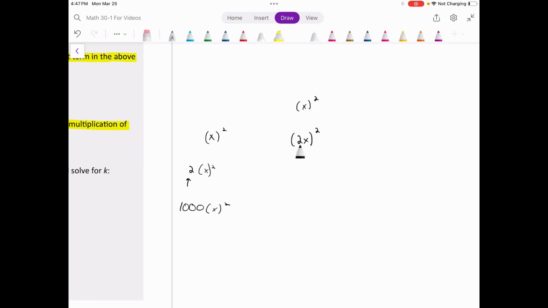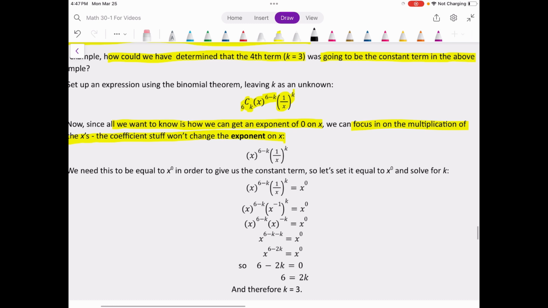Yes, we have a different coefficient here, but we still end up with the same exponent on x. This gives me x squared. Exponent on x is 2. This gives me 4x squared. So yes, it has a different coefficient, but the exponent on x is still 2. Again, even if we do 100x squared, yeah, we have a coefficient of 10,000, but what's the exponent on x? It's still 2. In other words, the coefficients don't make a difference to the exponent on x.